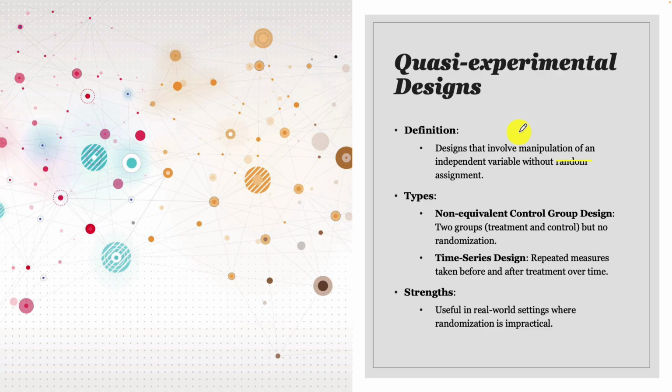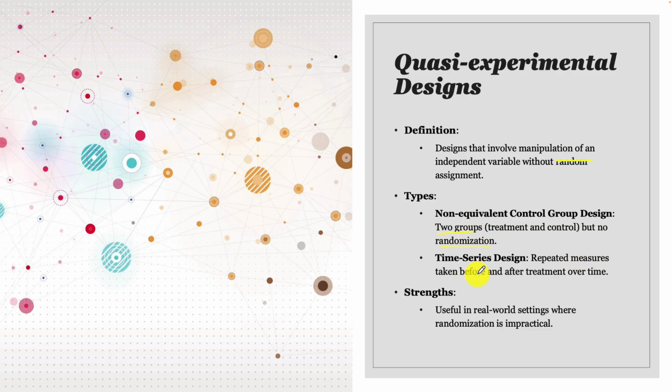So we will put them in groups, but it won't be randomized because we could potentially cause harm to an individual if we put them in a group that induces some unfavorable response or reaction. So we will have two groups, but no randomization.